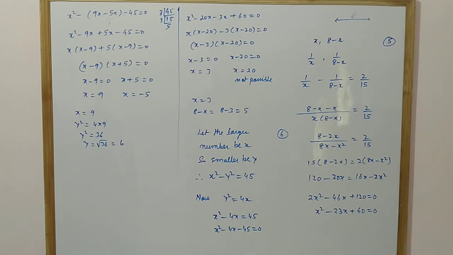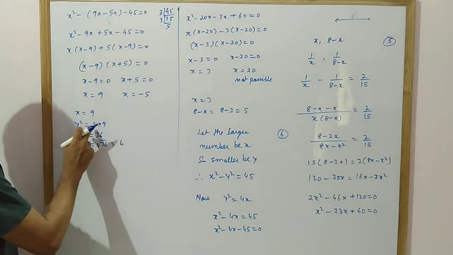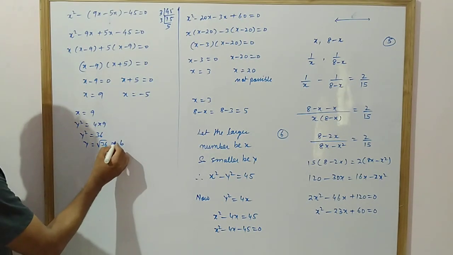Now here the difference of the squares is 45. So for x equal to 9, we take x equal to 9. Y square is 4 into 9, that is 36, so y equals plus or minus 6.